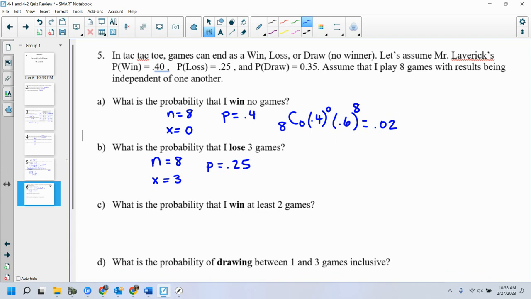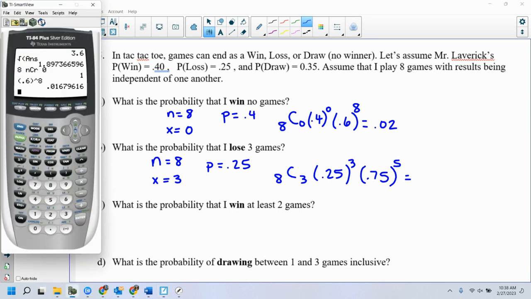So that means I have 8C3, 0.25 raised to the 3rd, 0.75 raised to the 5th. 8C3, there we go, 56 ways.